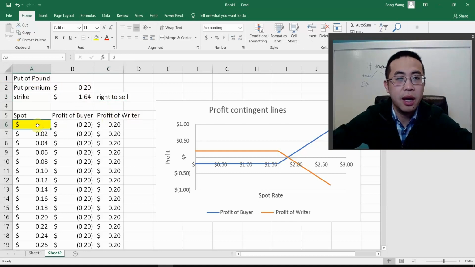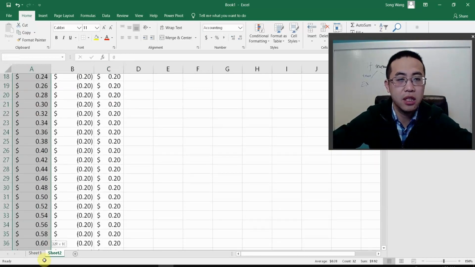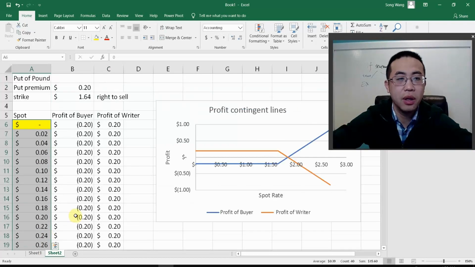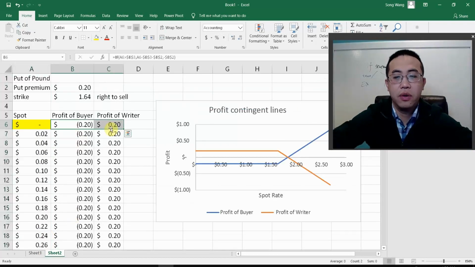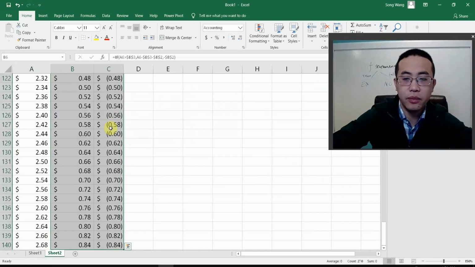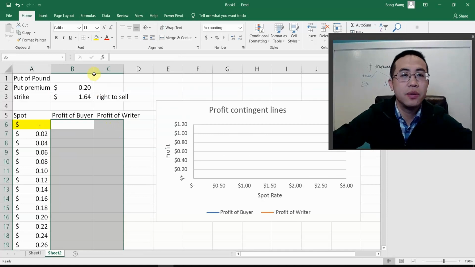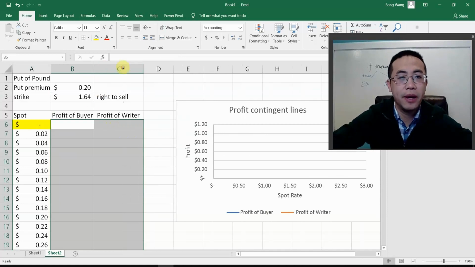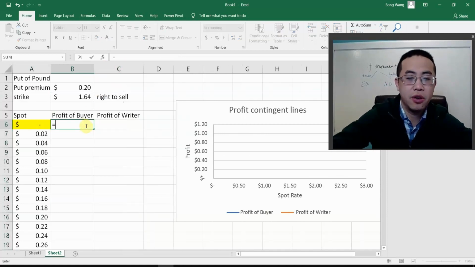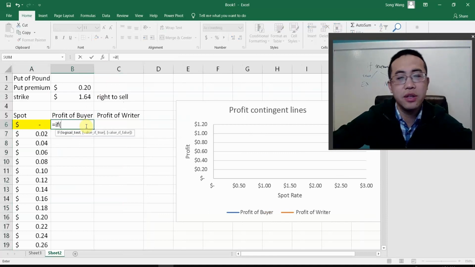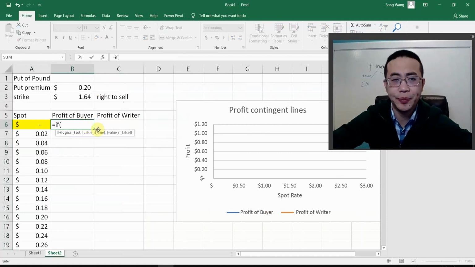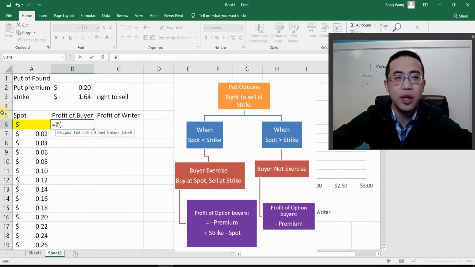So again, I'm going to use this column of possible spot rates in the future. And for the profit, I'm going to trim it a little bit. Okay, so let me just start over. All right, here we have to consider when the put option buyer would make money.